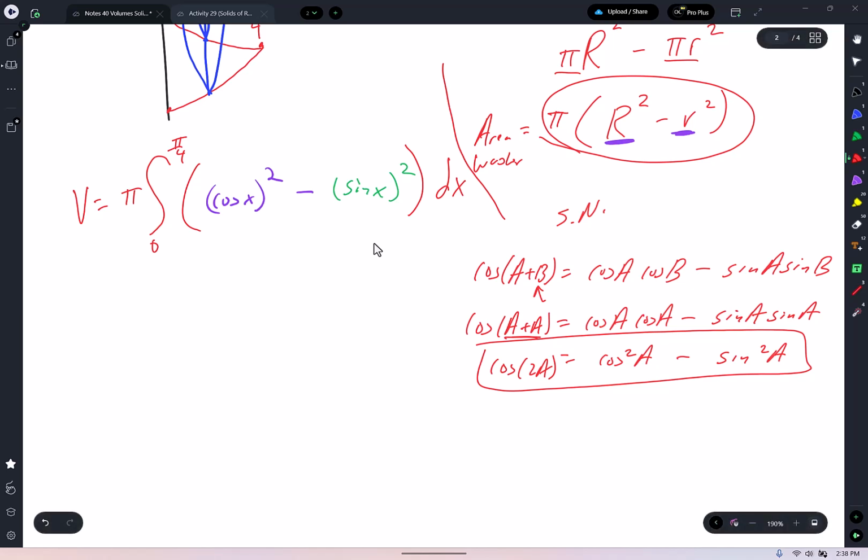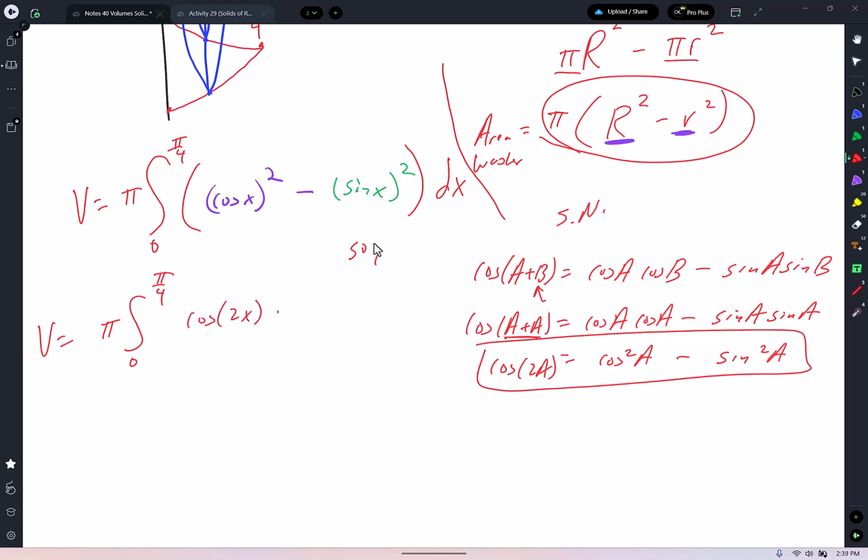So volume equals pi integral 0 to pi over 4 of cosine 2x dx. Let me know if I lost you. Have I lost anyone? Tell me.